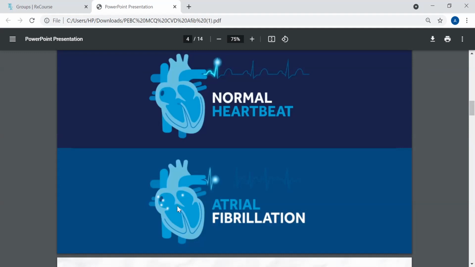So this kind of ablation is like creating a road for the signal in your heart. They use heat or cold energy, depending on the situation, and the doctor creates tiny scars in that area. So the signal has no choice but to go through this tiny scar until reaching the AV node. This way, I guarantee that the signal will not play around because it already has a road.